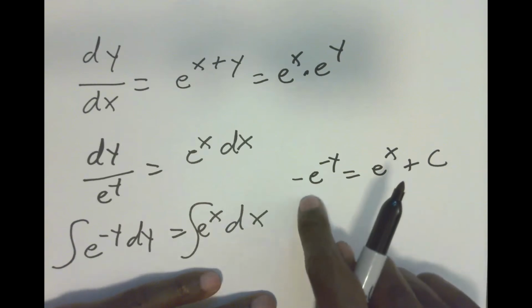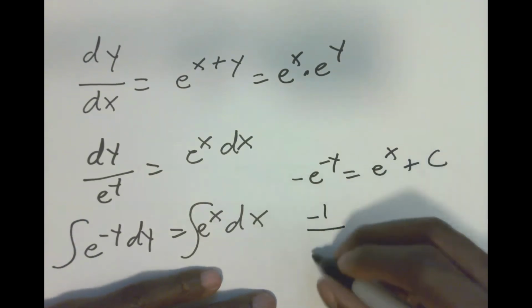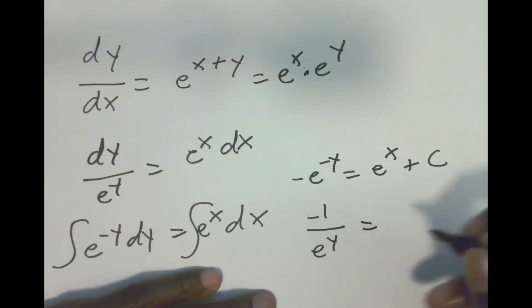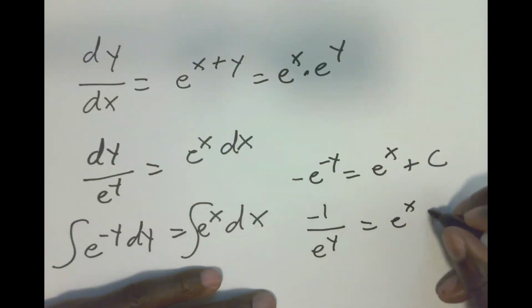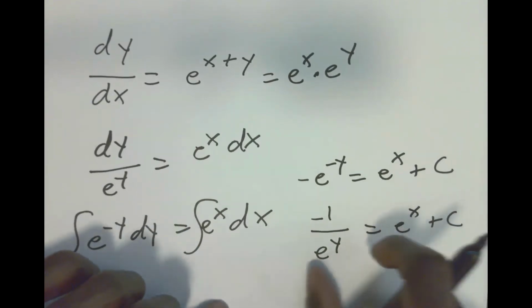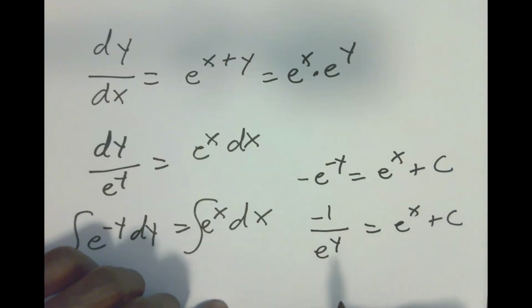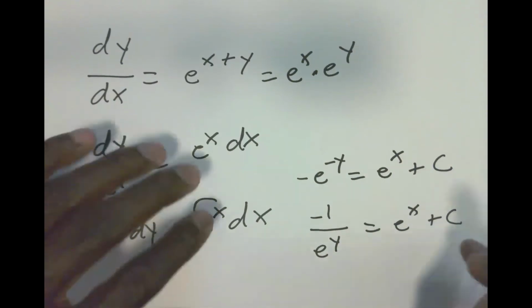This negative e to the negative y, I can write as negative 1 over e to the y equals e to the x plus some constant. And what I can do is make these switch places, where it's negative 1 over e to the x plus c equals e to the y.